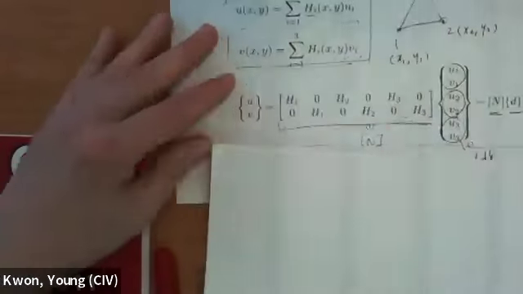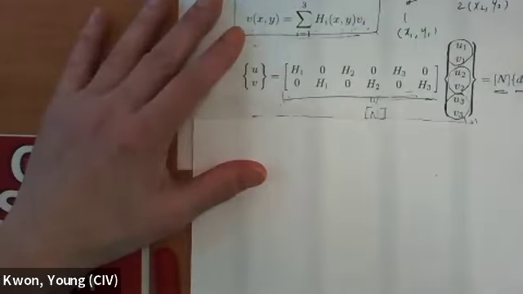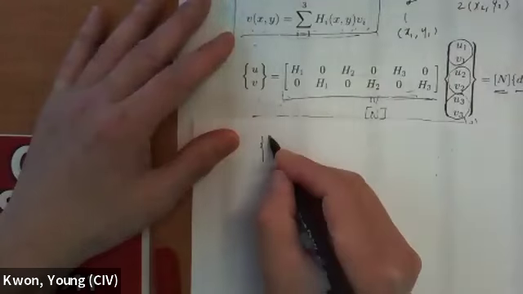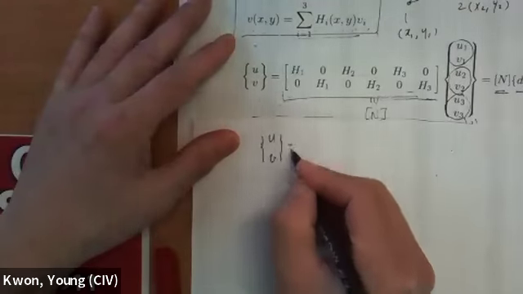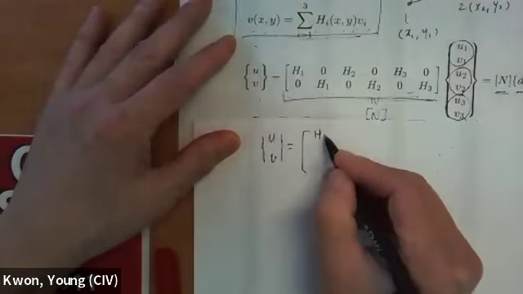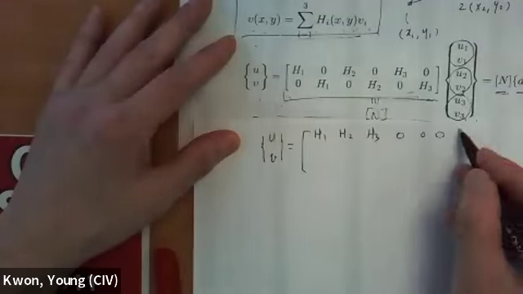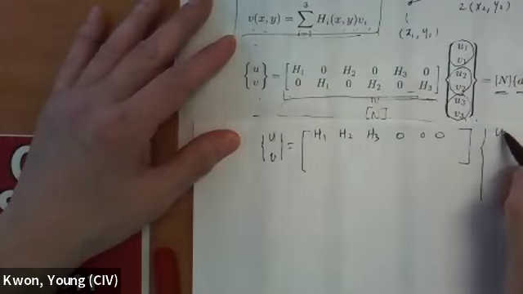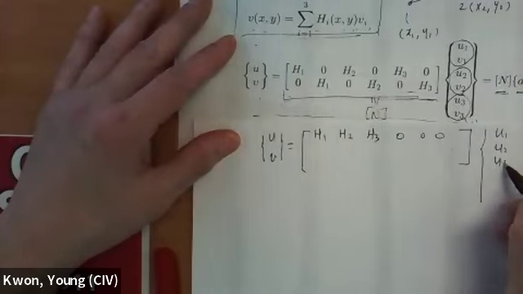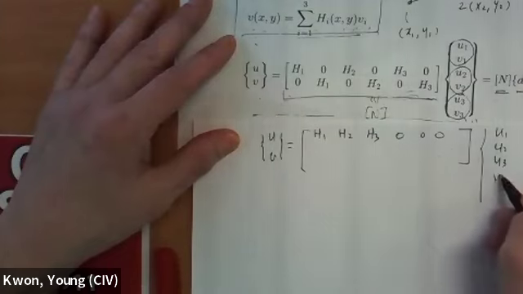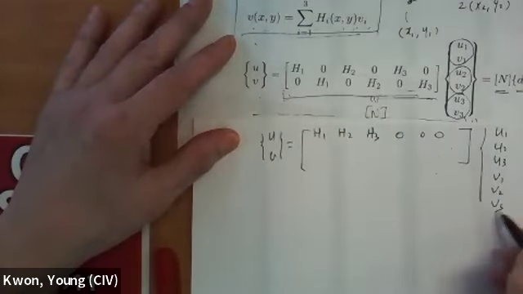But somebody may say, I prefer to put it this way: H1, H2, H3, 0, 0, 0, with U1, U2, U3 and then V1, V2, V3.